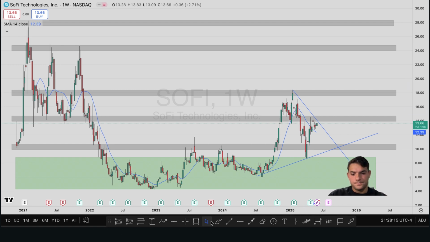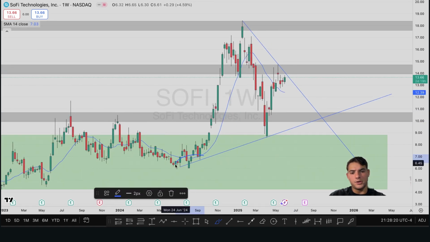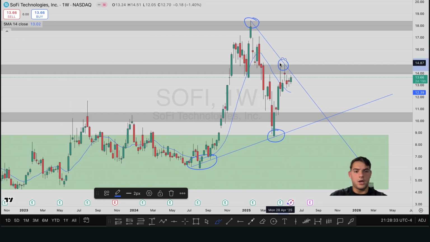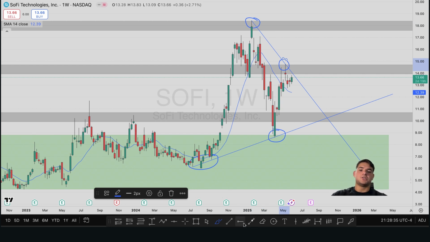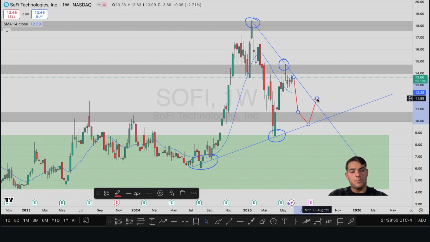The next tool is this trend line. I have one trend line coming from underneath, with multiple touches and then a second touch over here, and then I have a trend line coming from up top touching the second time over here. There are two options that I believe can happen. Of course, there are 3 ways the market can go: up, down, or sideways. If we are coming down, I believe we're either going to touch this gray area or the trend line to then break above.